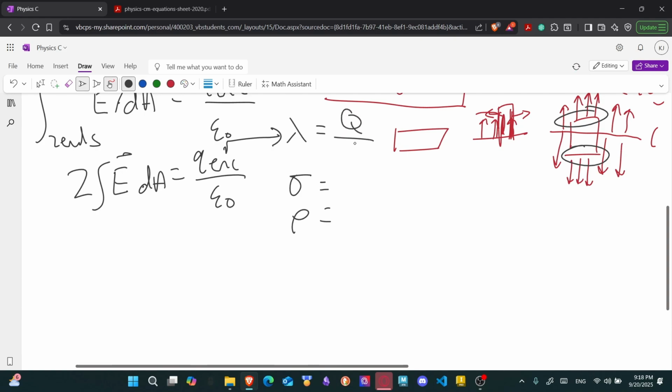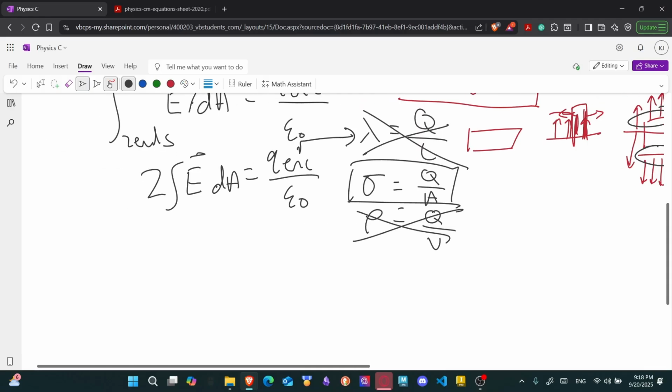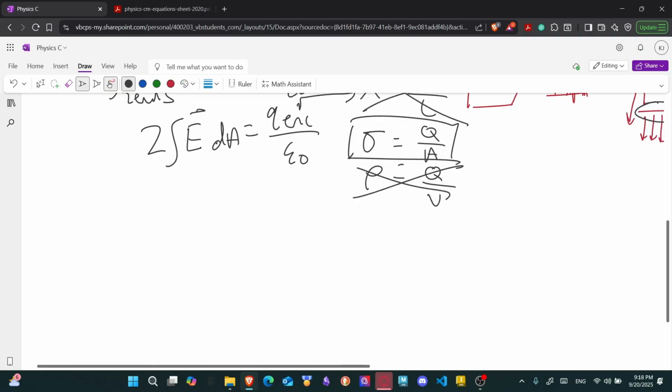Lambda is for line, sigma is for area, and rho is for volume. So we're not using a line or a volume right now. We're focusing on the area, the area of the ends of the cylinder. And it would change if we're looking from a different perspective, like if we're looking at an actual cylinder instead of just the ends.